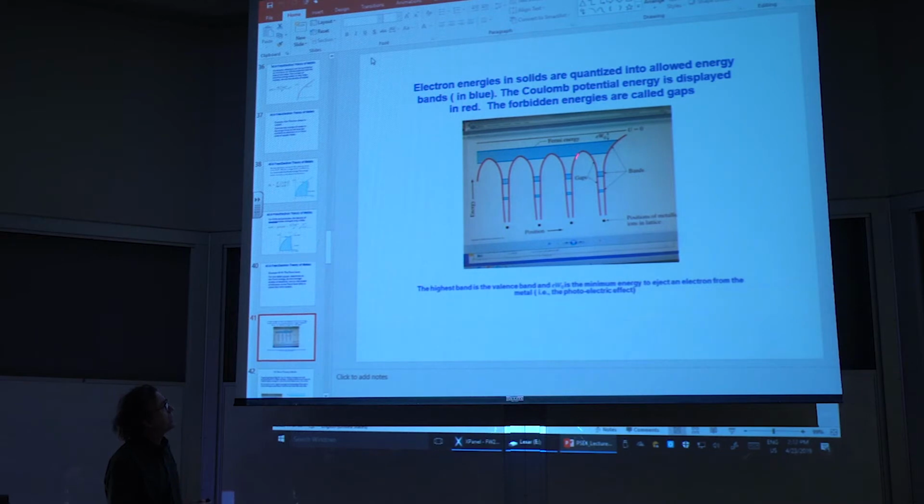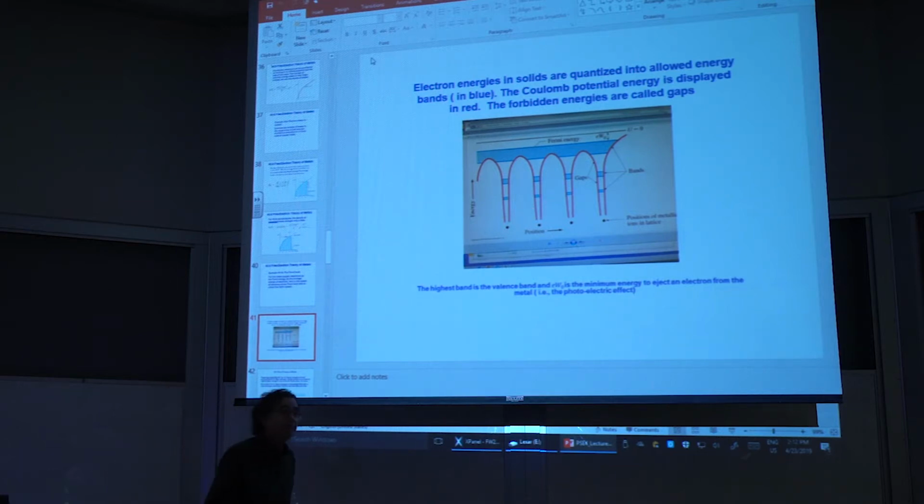It looks like 1 over R on this side and 1 over R on this side, but it flattens out in between, because halfway between the two positive charges we expect the force to be 0. So the derivative of the potential, which is the slope, has to go to 0 halfway in between. If it's closer to one side or the other, then of course the force of attraction will push it one way or the other.